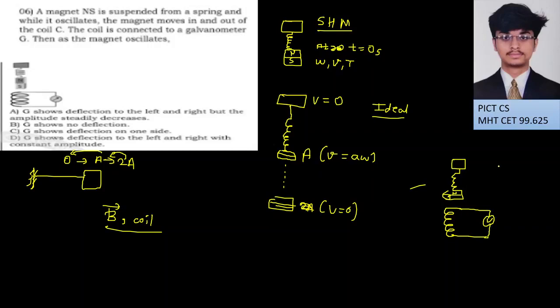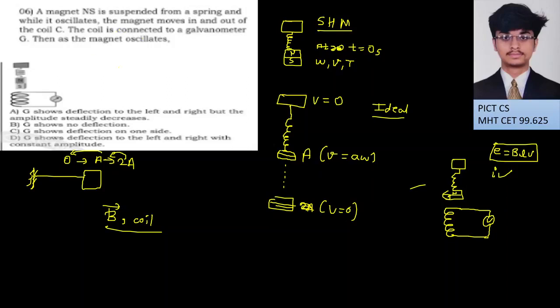Due to velocity, we all know flux will change and EMF will be induced. If EMF is induced, current will also be induced. So the galvanometer will show some deflection.